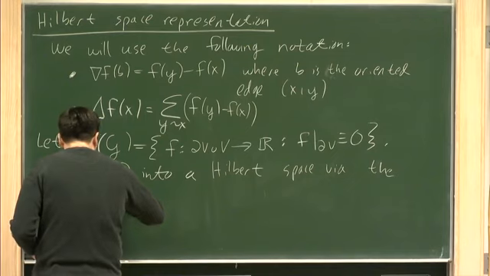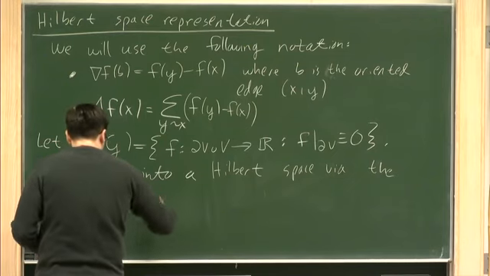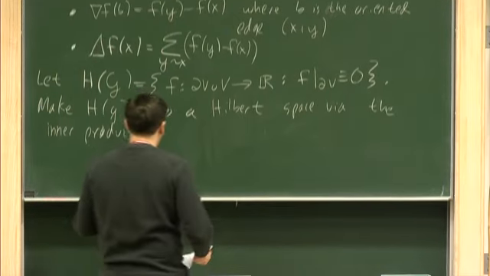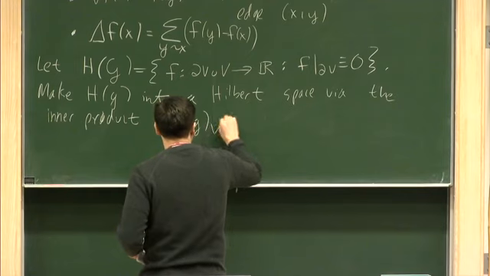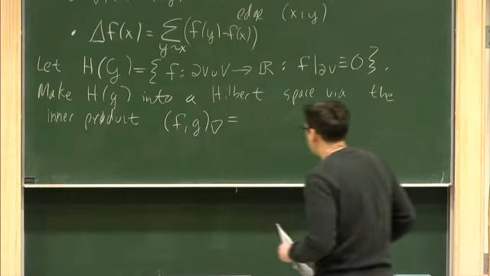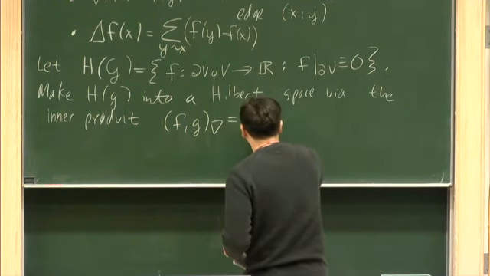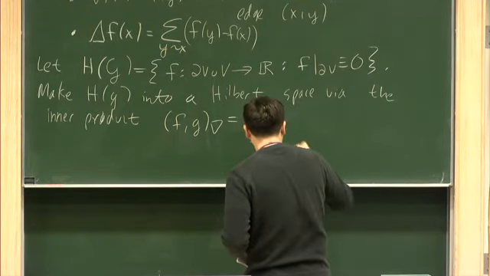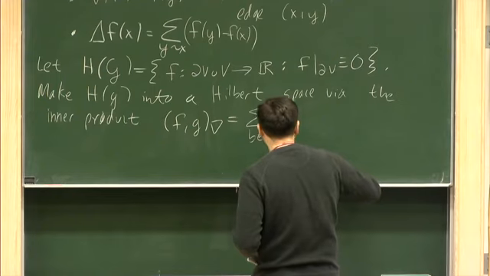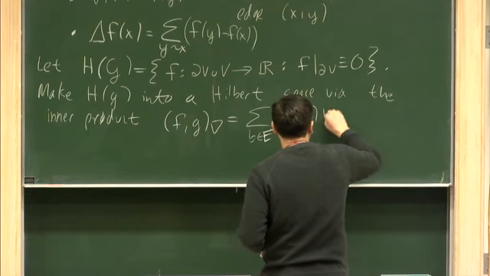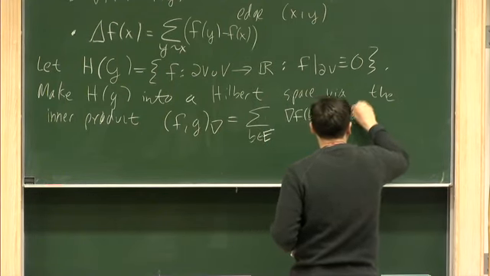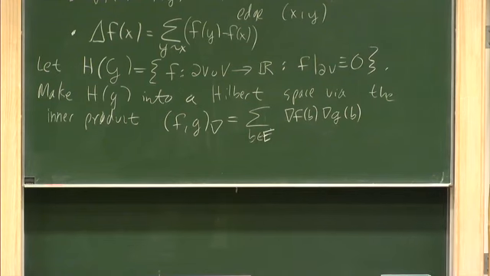For functions f and g, you just define this to be the sum over all edges in the graph of the product of the gradient of f with the gradient of g.